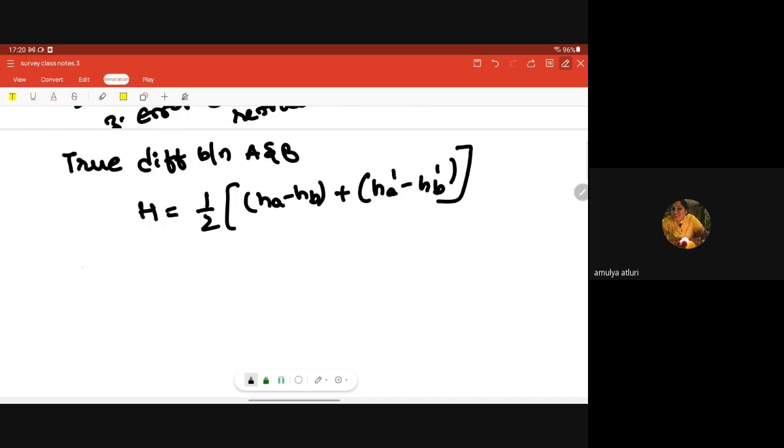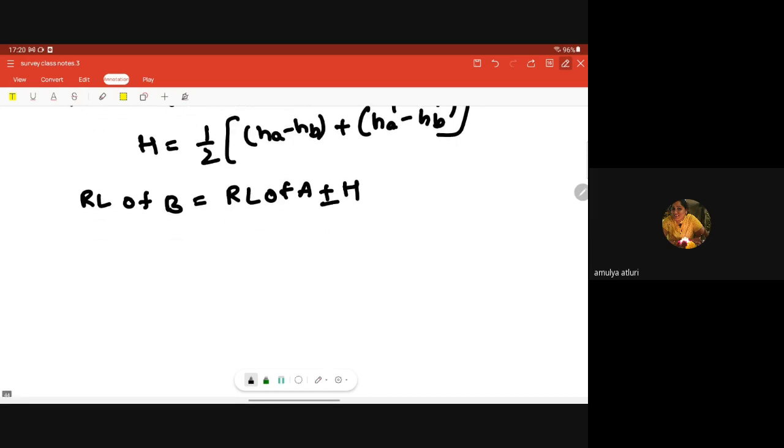Next, what is the reduced level of B? It is nothing but reduced level of A plus or minus H, the difference of levels. Next, what is total error? As you all know, the errors are the summation of collimation error, error due to curvature, and error due to refraction.